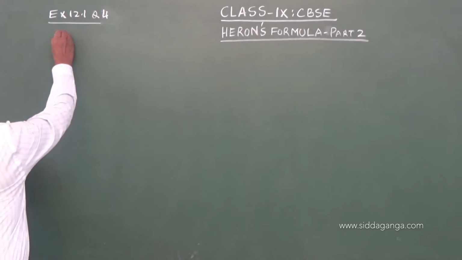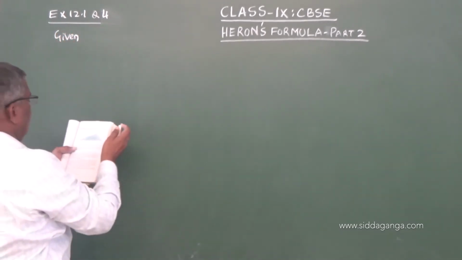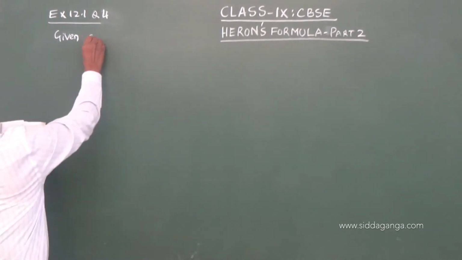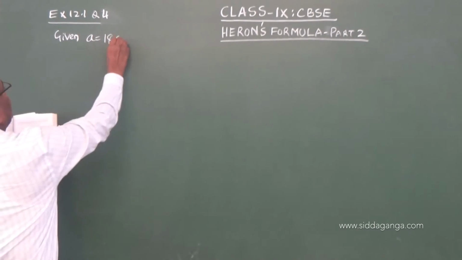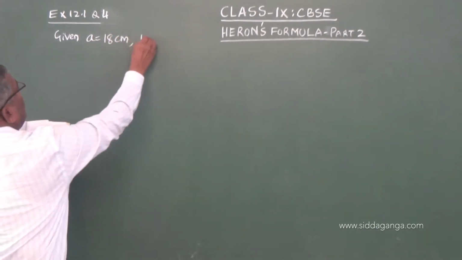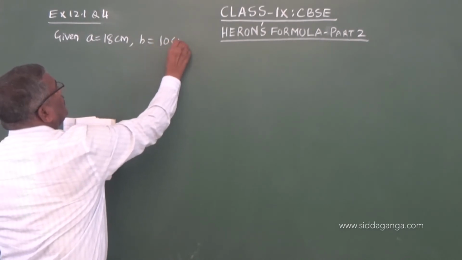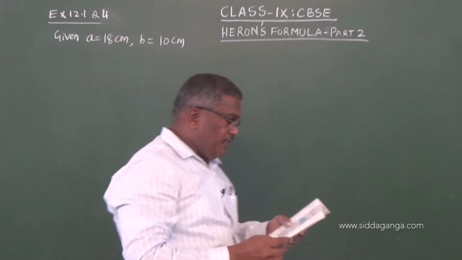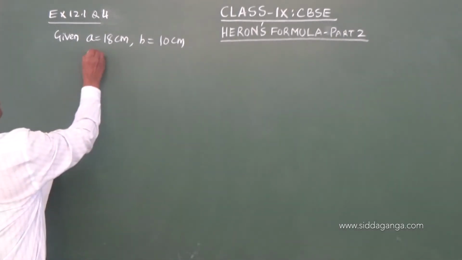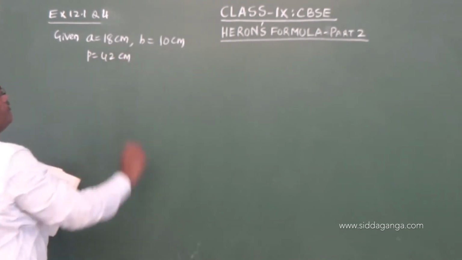So, given, observe this, given A equals, one side they are given 18 centimeter, B equals 10 centimeter, and instead of C they are given perimeter is 42 centimeter. So P equals 42 centimeter.